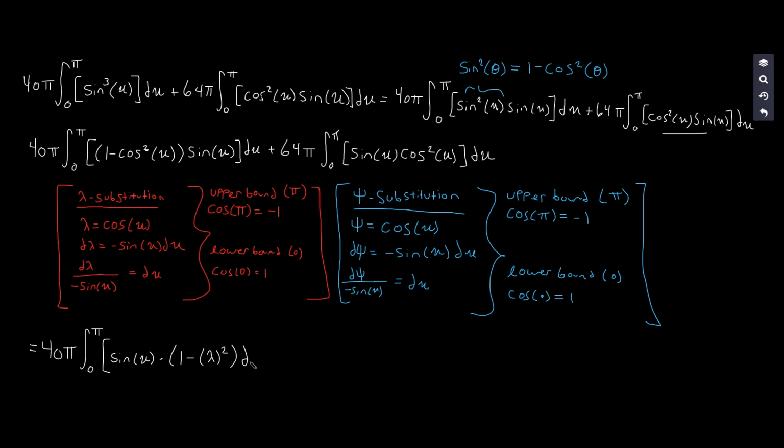And instead of du, we're going to put d theta, but we couldn't get d lambda by itself. So we're going to have to put on the end here, 1 minus lambda squared times du, but du turns into d lambda over negative sine of u.